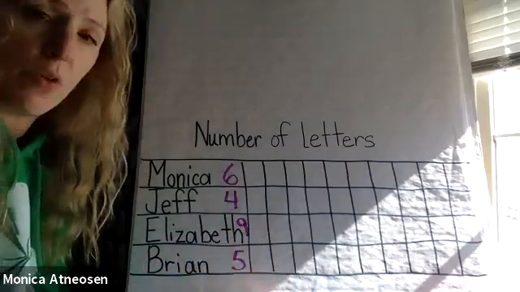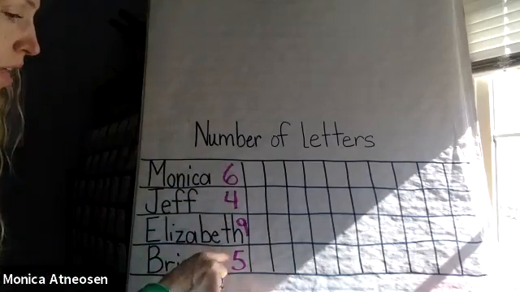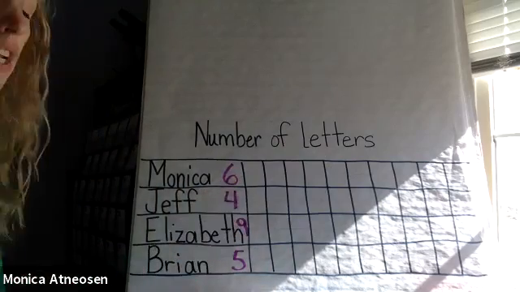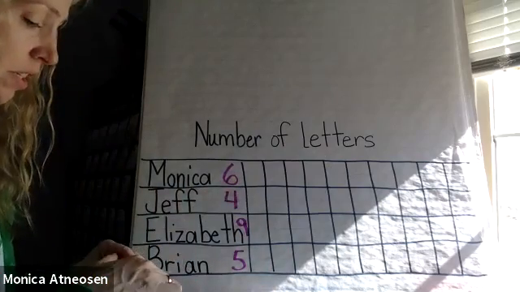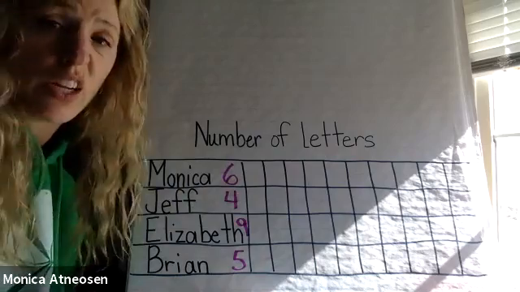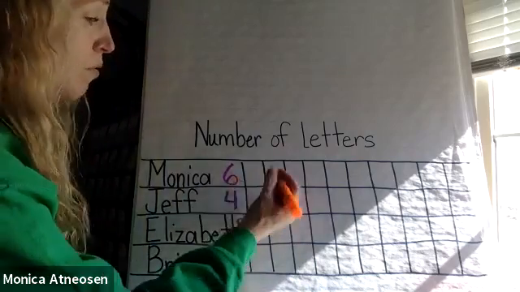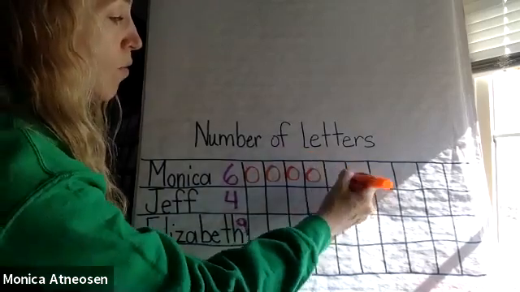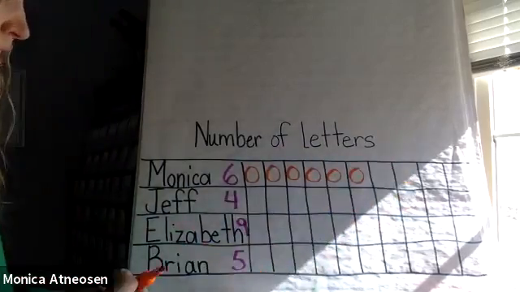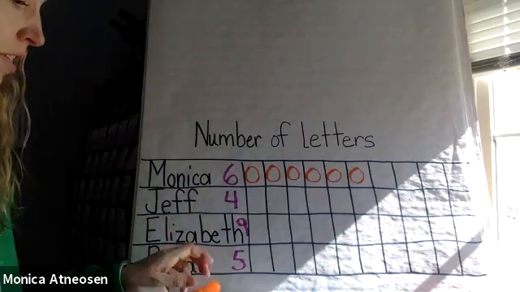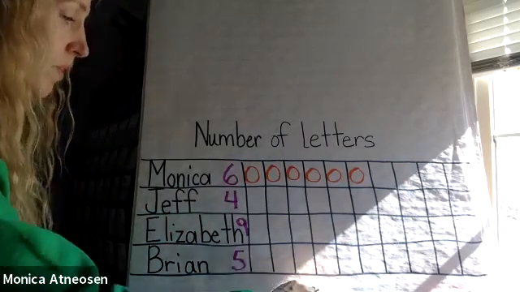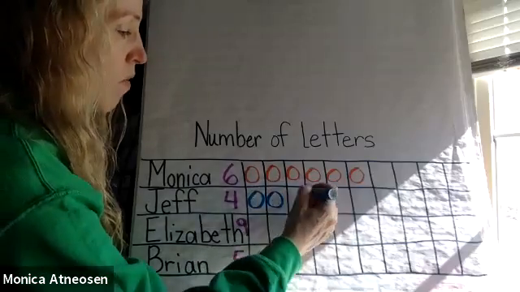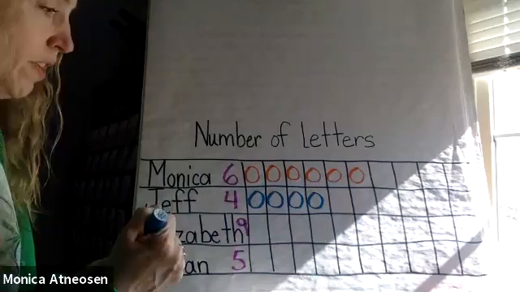Now what I'm going to do is put that information onto the graph. So for me, I need 6 spots colored, or I can do circles, however I want to do it, but I need 6 of them. 1, 2, 3, 4, 5, 6. And Jeff, that's Mr. Atnison, he needs 4 of them. 1, 2, 3, 4.